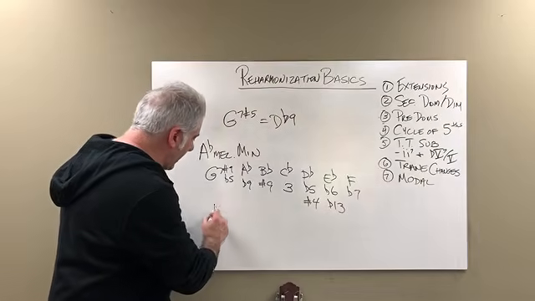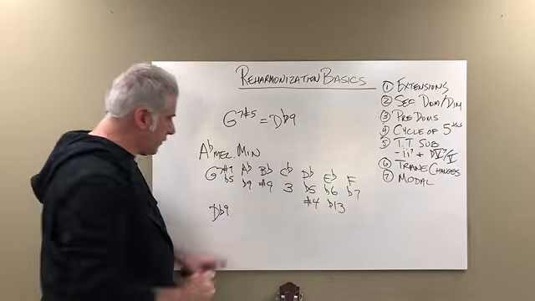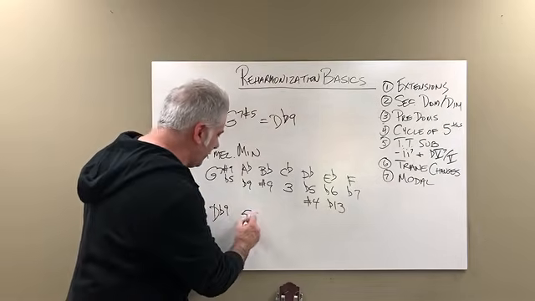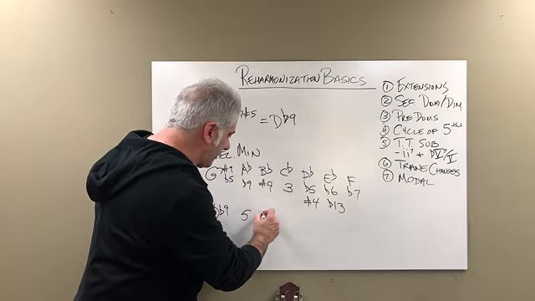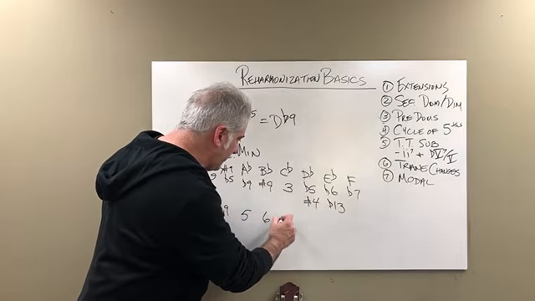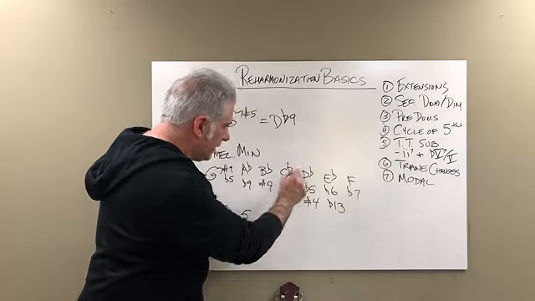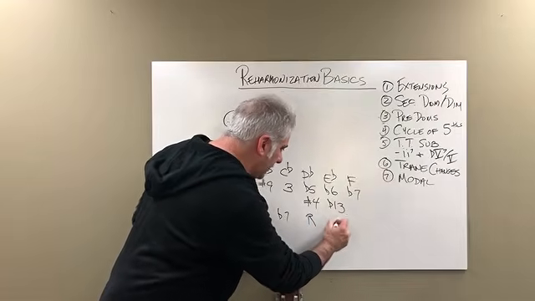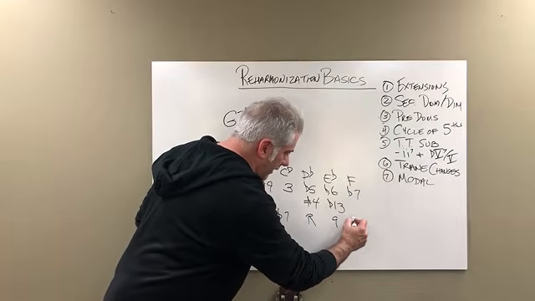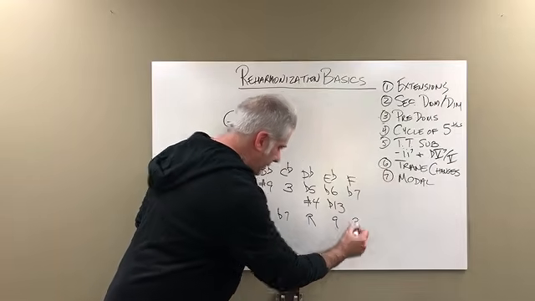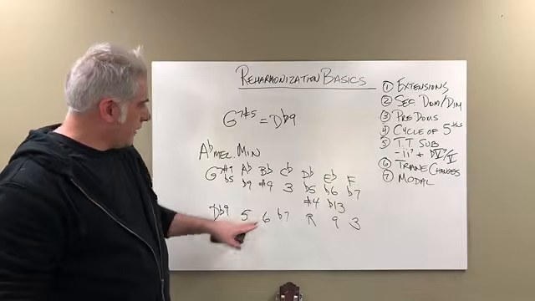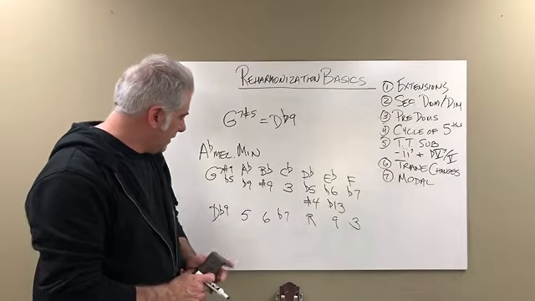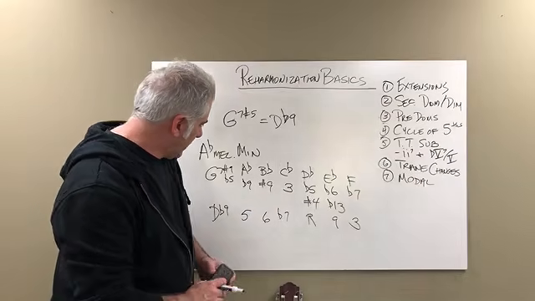If I do a D flat 9 chord here, A flat is the 5th, B flat is the 6th or the 13, right? C flat is the flat 7, D flat is the root, E flat is the 9, F is the 3rd. Okay? These are all the same. What did I forget? Oh, C flat, right? Where did I miss here?